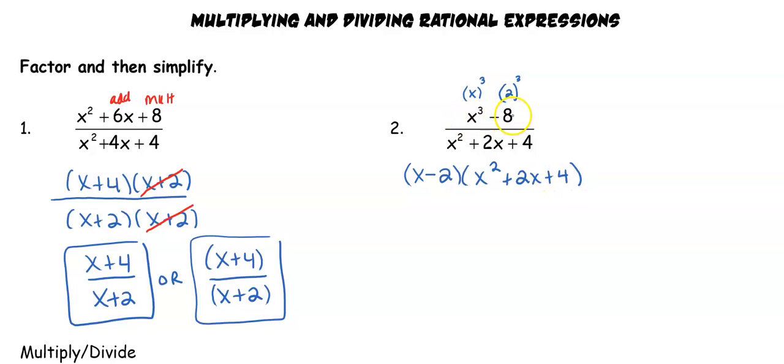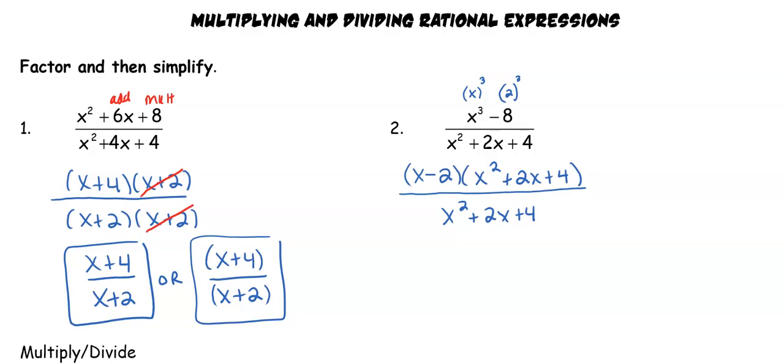So I did the difference of cubes on top. When we go to the denominator, I see that I'm looking to multiply to 4 and add to 2. So I think about all the different ways I can multiply to 4. It's 2 and 2 or 4 and 1. There's no way that I can multiply to a positive 4 and also add to a positive 2. So this trinomial isn't factorable, and we know that sometimes not everything is going to be able to be factored.